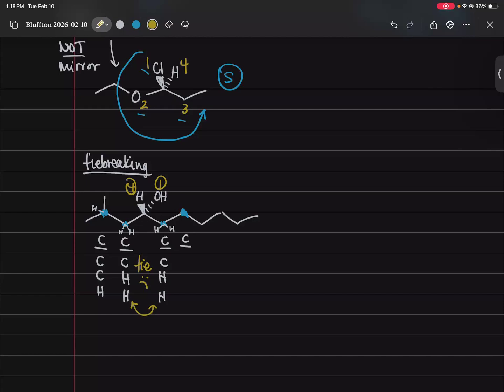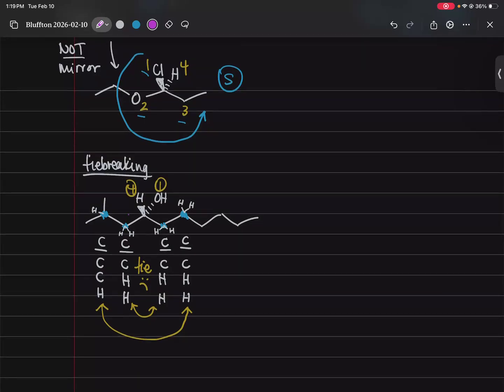This tie was between those two. The one on the far right, other than the carbon that was already part of the tie-breaking exercise, is attached to one carbon, and this guy has two hydrogens, CHH. So now we're going to compare our next round of tie-breaking, and who wins, left or right? Left. So left wins, and it is going to have a higher priority, so it's going to be number 2.